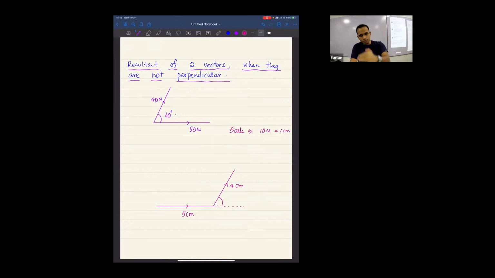You draw exactly 4 centimeters. If you have taken both vectors with the correct scale and the correct angle, then this starting point to this ending point is going to give you the result.